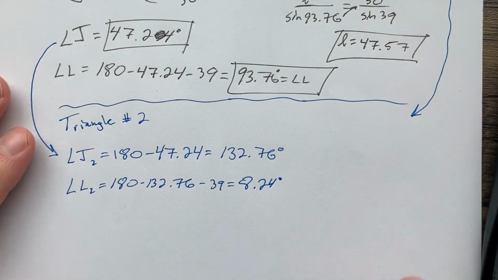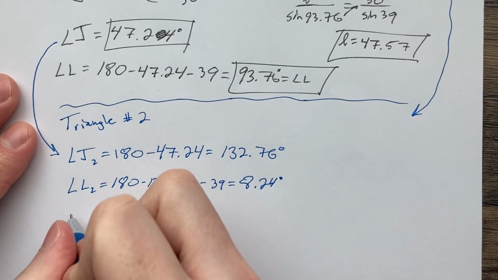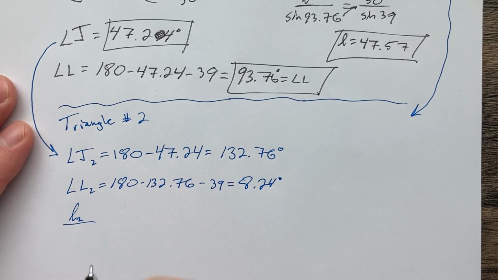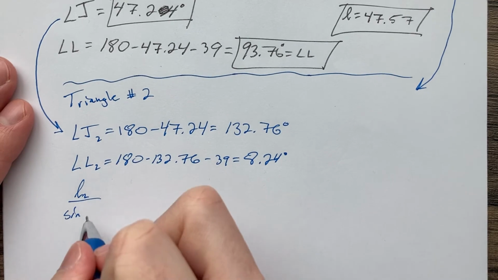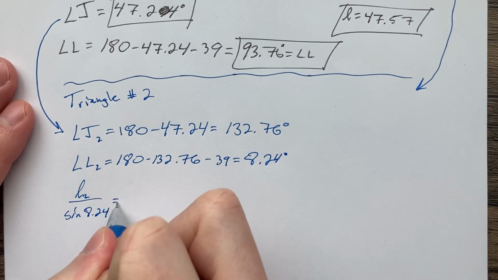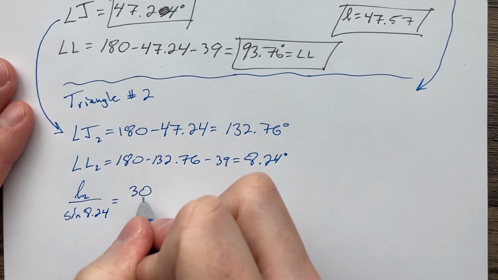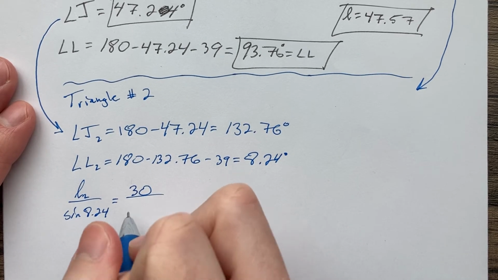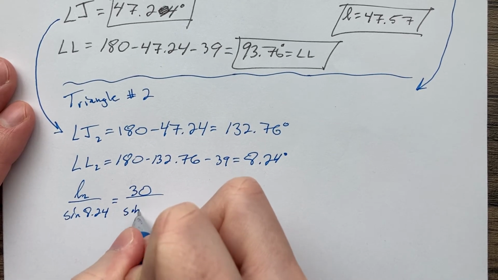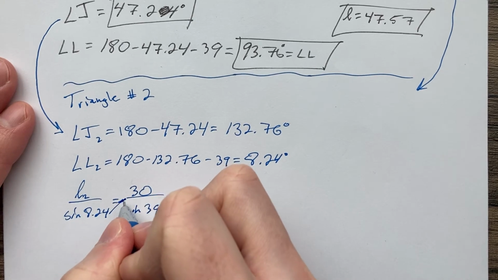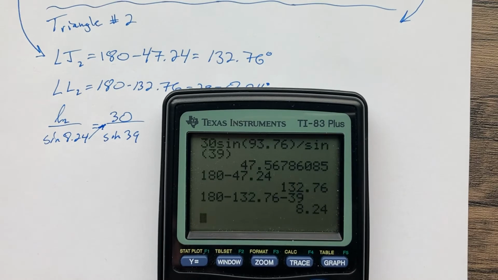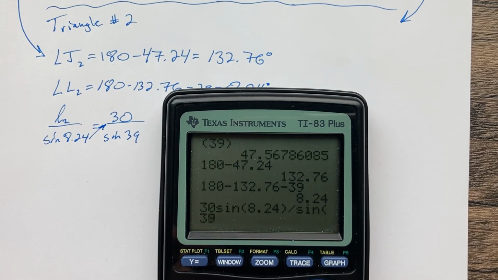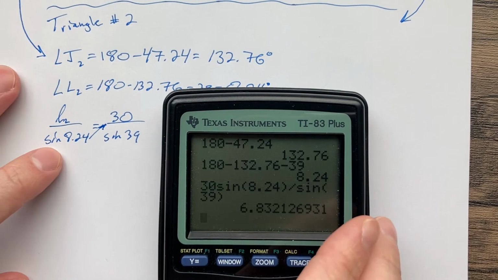And then now side L2 is going to be L2 over sine 8.24 is equal to, and now I can use that original ratio of K over sine K, so 30 over sine 39. Move up our sine 8.24. So I'm looking at 30 sine 8.24 divided by sine 39 gives me 6.83.